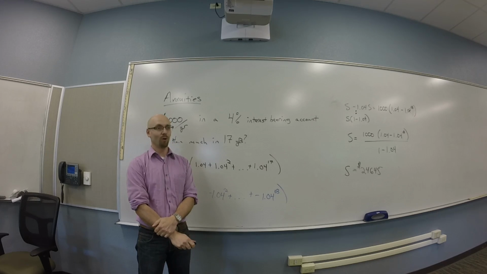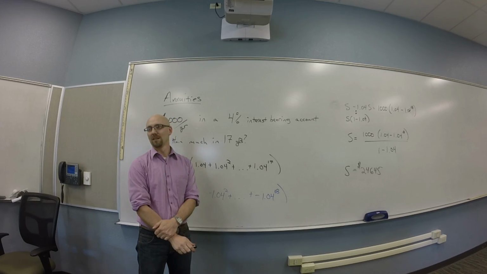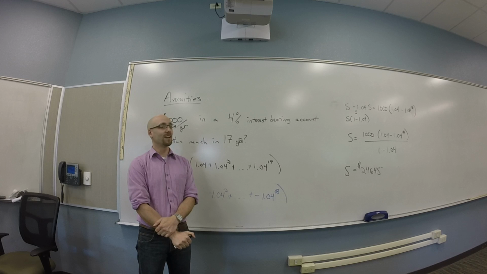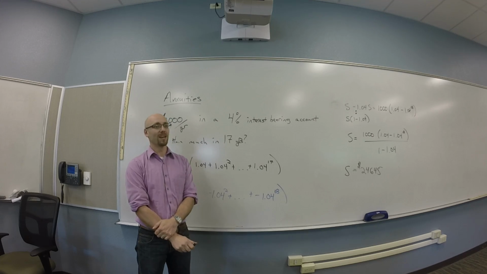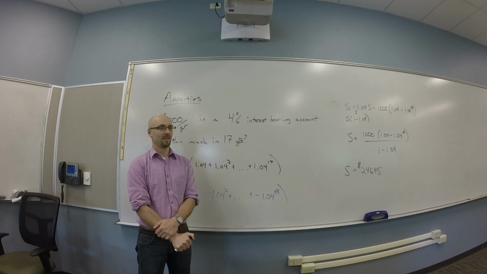Yeah, it damn well better be more than 17,000 bucks, right? Do I think it's going to be $35,000? 4%, no. Yeah, it's 4% interest. I mean, it's been in there a while, but it's probably not going to double. If you left it in there for double the amount of time, you'd get a lot more. Yeah, if I left it in there a lot longer, I would get a lot more money out of it.